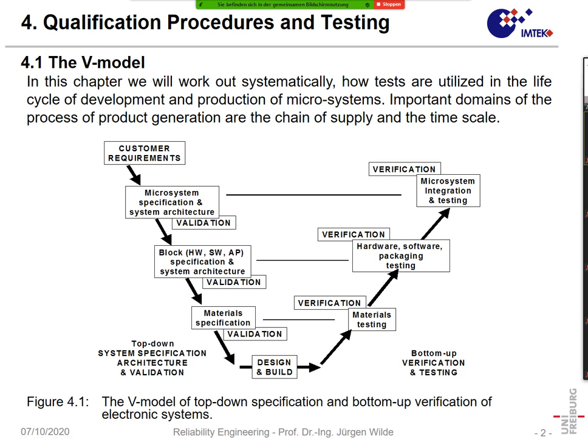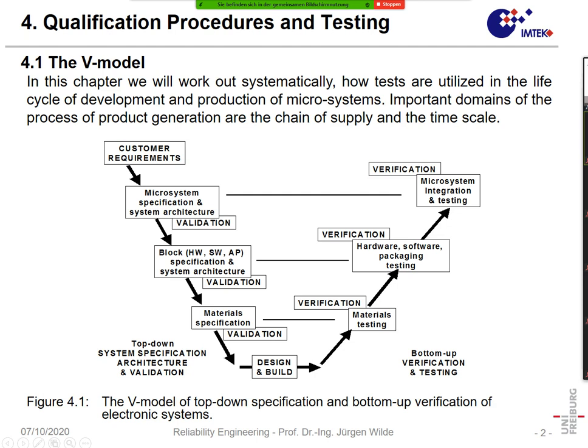Validation is a formal process where we look whether the lower level specification can be fulfilled if we set the higher level specification as, let's say, the boundaries within which we have to specify. And in that way, specifications are derived top-down.